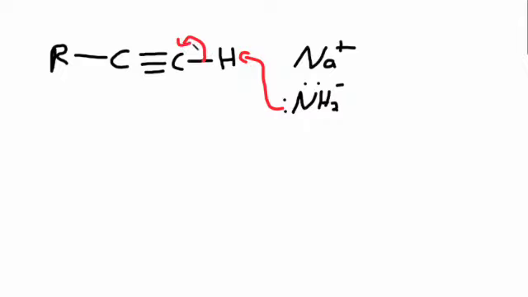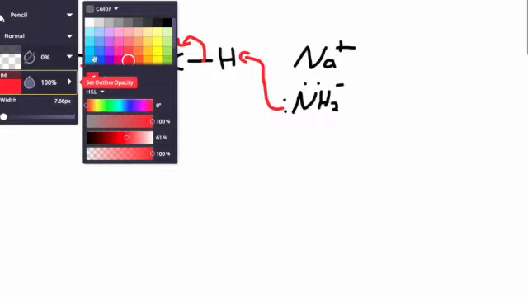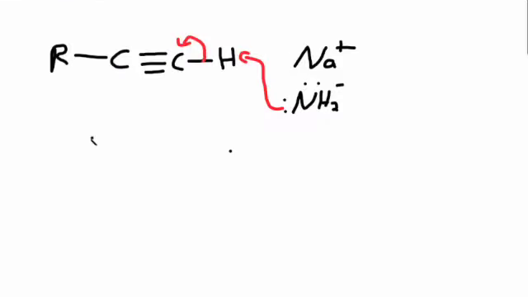These electrons are going to go onto that carbon atom, and what you're going to get is this. And then you're going to have the sodium ion. So this is the acetylide ion.